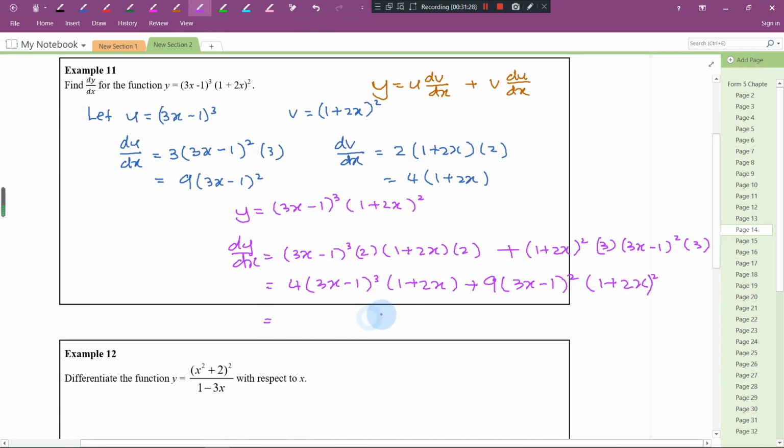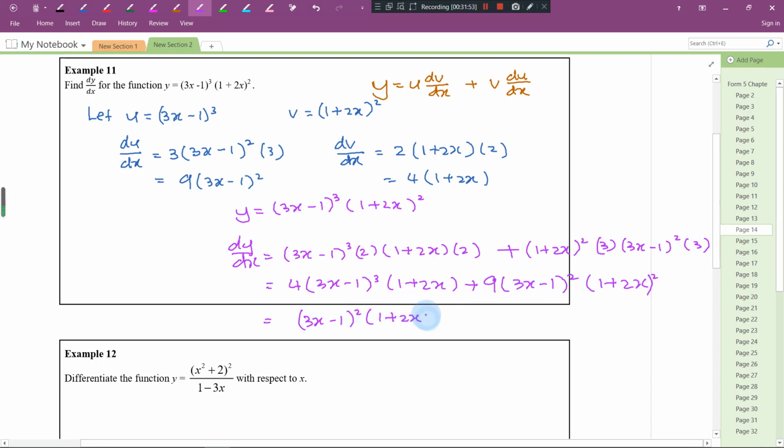Okay, so now next we try to simplify it or do some factorization and so on. So here I have (3x minus 1) power 3. Here I have (3x minus 1) power 2. So I just bring the (3x minus 1) power 2, factorize it out. And here I have (1 plus 2x) power 1. I have (1 plus 2x) power 2.